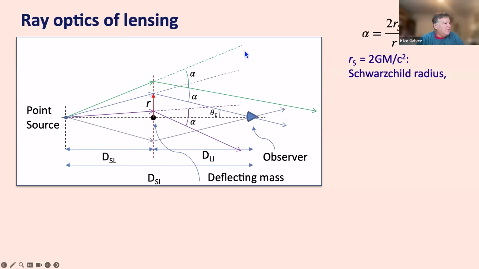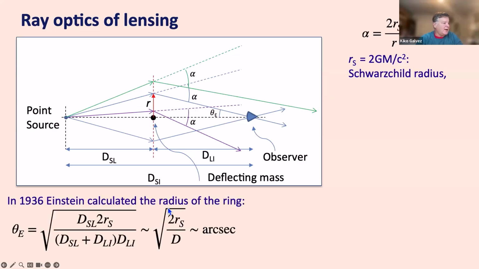And if the rays are symmetric and we are in that unique situation where there's perfect alignment, we're going to see rays coming from all angles, and that produces what is called an Einstein ring. So Einstein predicted this to be of the order of arc seconds. This was in 1935.